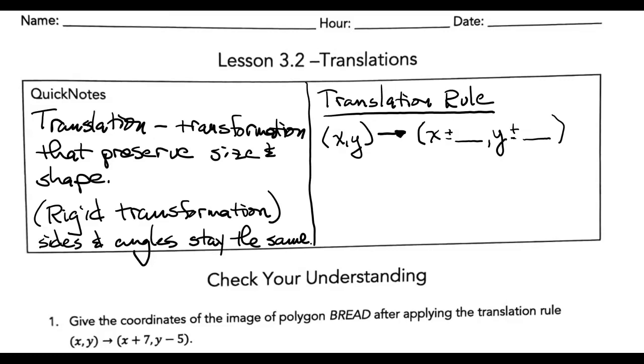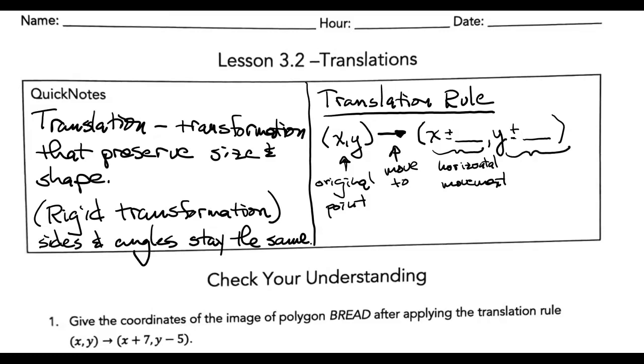Okay, so this is the original point. And then this means we are going to move to, okay, and then this is going to be horizontal movement. Horizontal movement. And then this is going to be vertical movement.